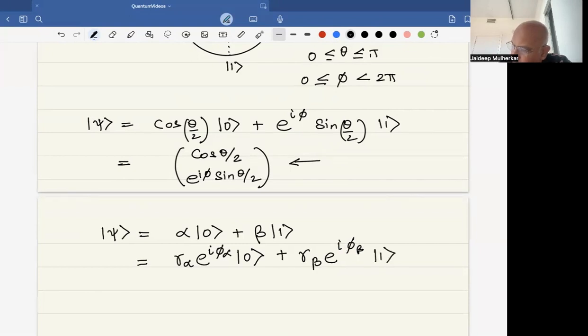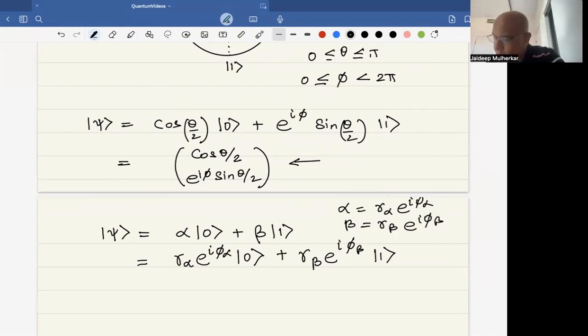ket 1, right? So alpha is a complex number which can be written as R alpha e to the i phi alpha, and beta is another complex number which can be represented as R beta e to the i phi beta.